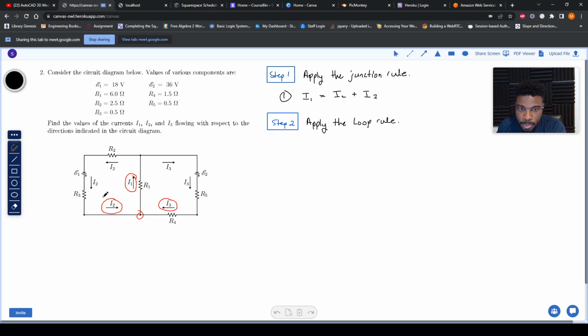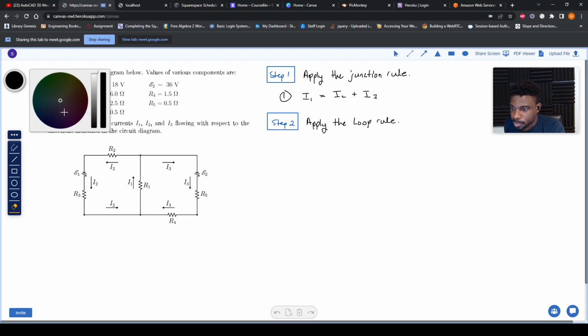So the loop rule is a statement of, well, honestly, both rules are a statement of conservation of energy, but the loop rule says that if you start at any point in a loop of a circuit and you go around that loop, then your total change in potential, or your total change in voltage, is going to be equal to 0. Every time you go through something, there's a voltage drop.